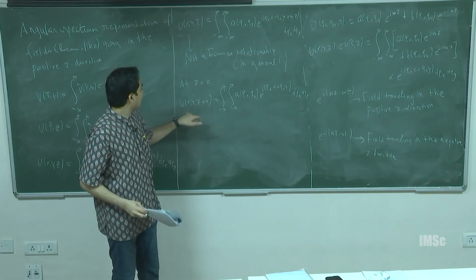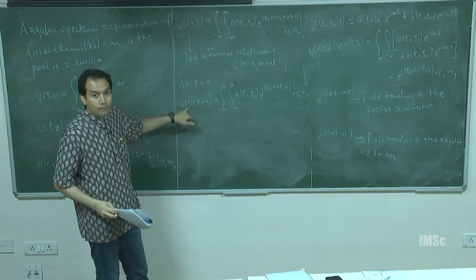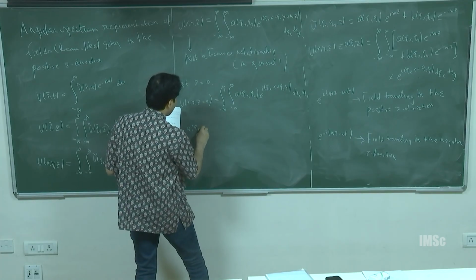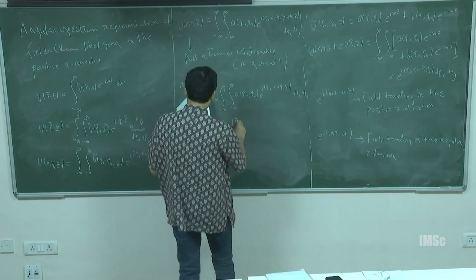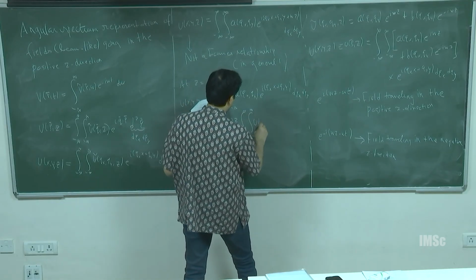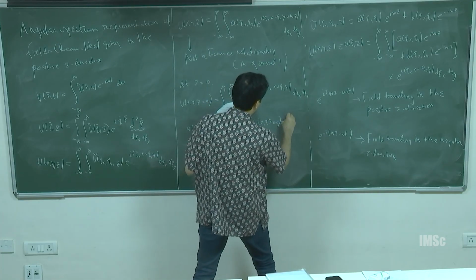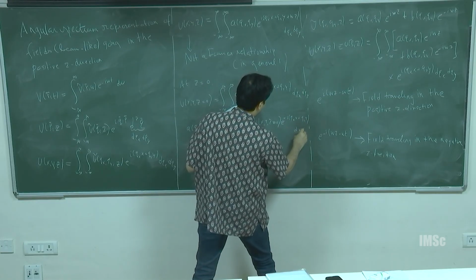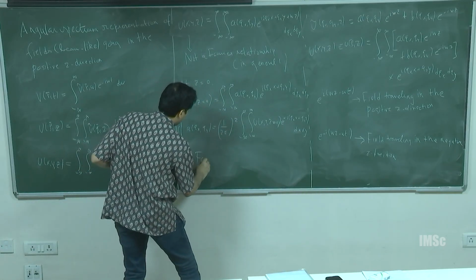At z equals 0, A of qx, qy is the Fourier transform of u of x, y, only at z equals 0. Which means A of qx, qy can be written as this, and these two form a Fourier transform pair.